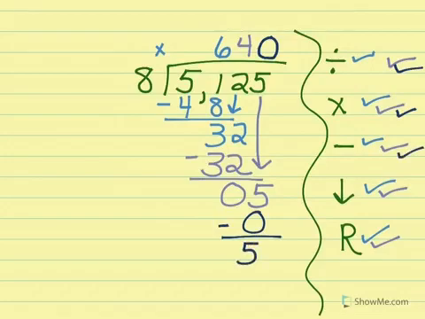I don't have anything else to bring down. Repeat or remainder. Well, 5 is less than 8, and I do not have any more digits left. So I'm going to do remainder. So my answer is 640, remainder 5.